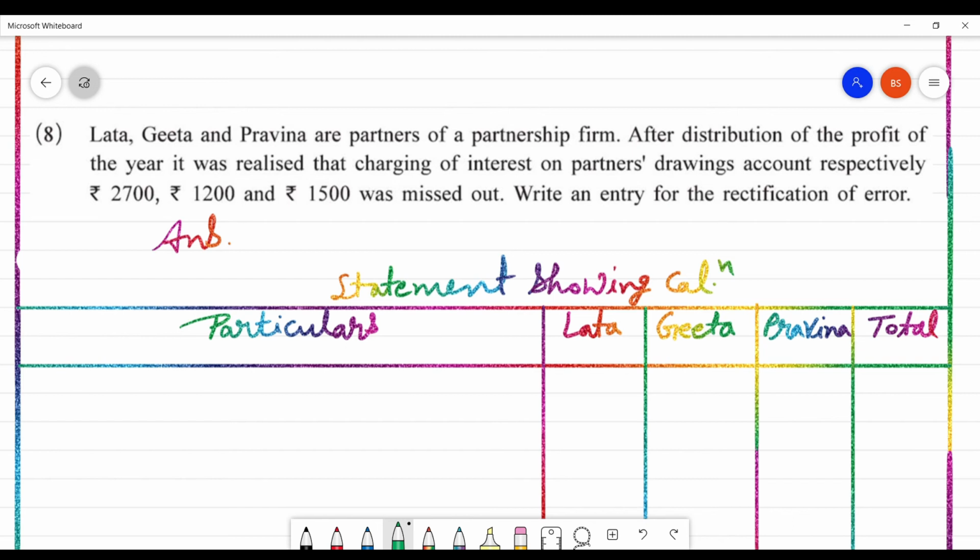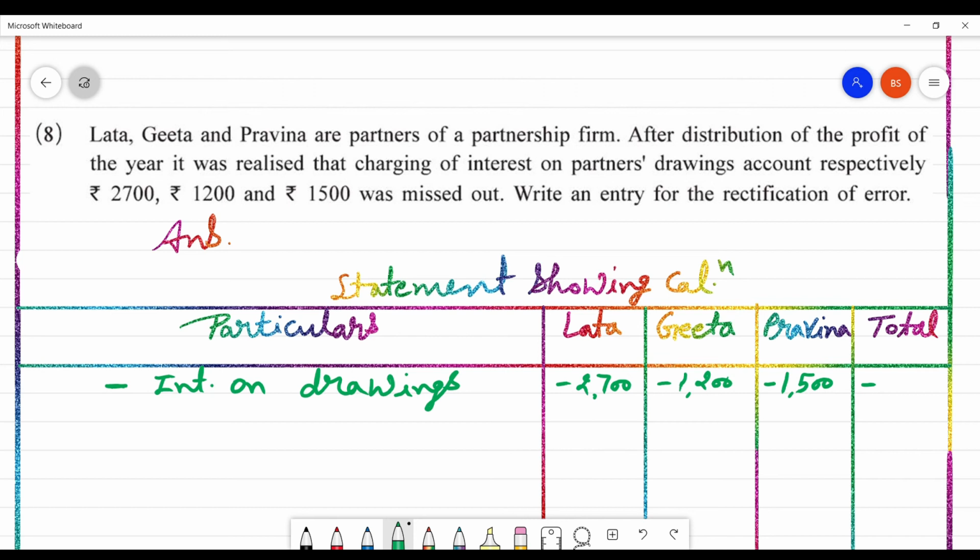So we will write down interest on drawings but in minus form: minus 2,700, minus 1,200, minus 1,500.